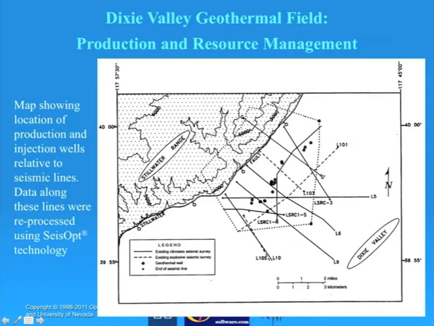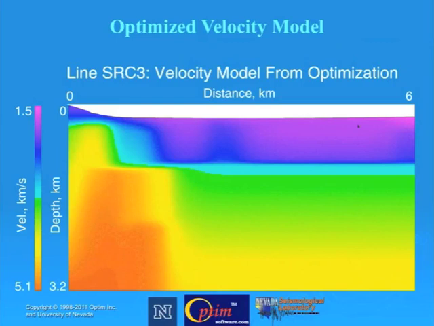Some of them are more or less in the strike direction. Many of them are in the dip direction. And so back in the 90s, we reprocessed these lines using size-opt technology. And here's an example of an optimized velocity model. It might look rather similar to some of the models you've seen from your Lab 1 work.